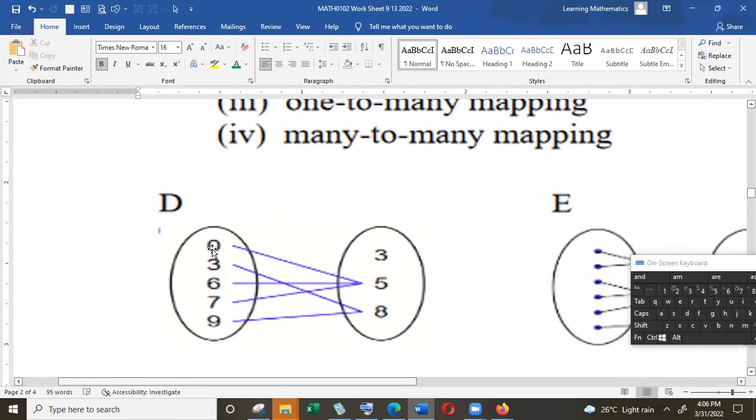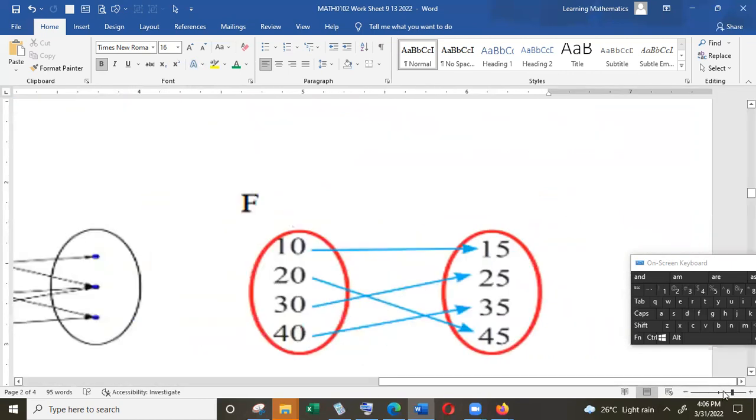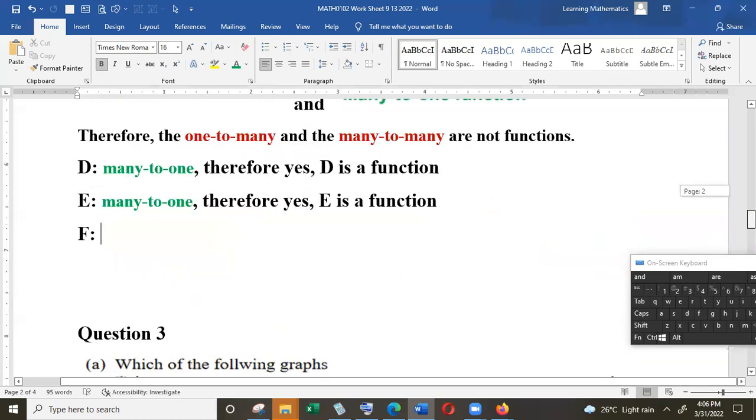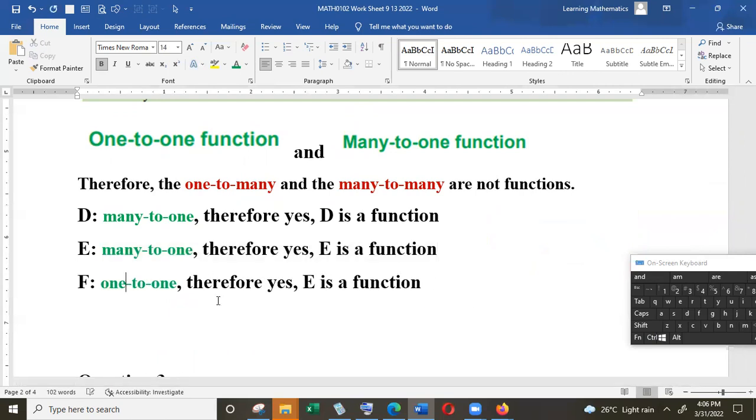D is a many-to-one. But F now is a one-to-one. And as we said, one-to-ones are functions. So therefore, yes, F is a function.